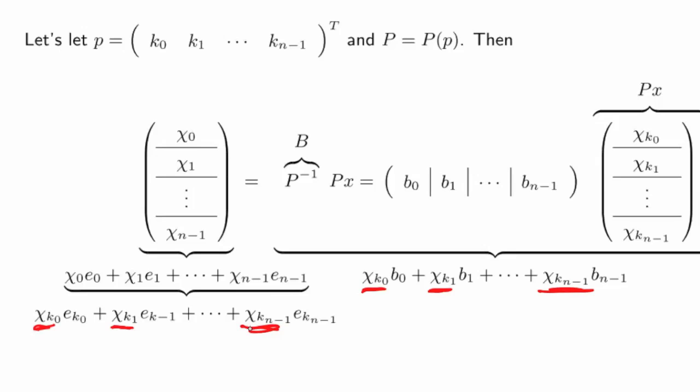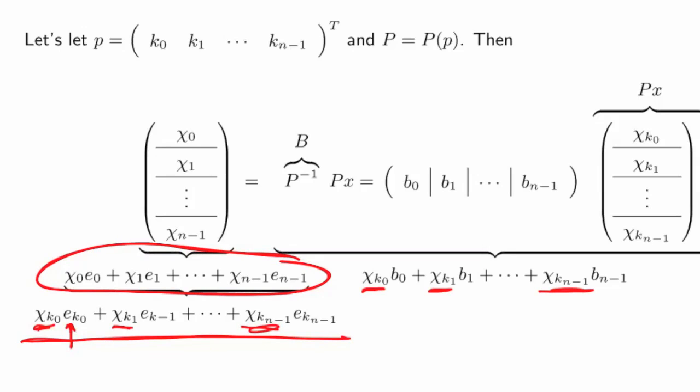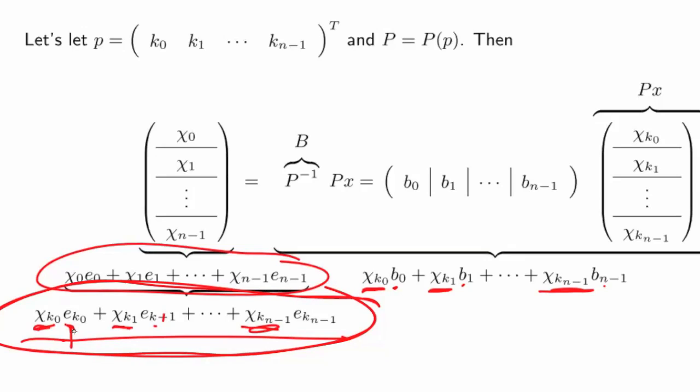Okay. Now notice that because those coefficients still multiply the exact same unit basis vectors, this right here is the same as this linear combination. But now we can take a pretty good guess at what our columns of matrix B must be. Okay? They must be the unit basis vectors. Oops. This should have been k sub 1, not k minus 1. They should be the unit basis vectors, but ordered in the exact order given right here.